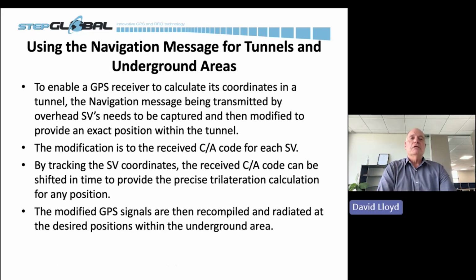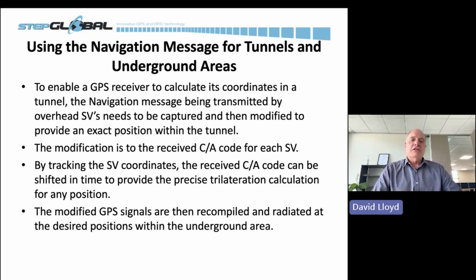So, using the navigation message for tunnels and underground areas, what we need to be able to do is allow the receiver to calculate its position in those areas by providing it with a modified CA code. And that CA code is modified for the position of any radiating point that we're going to use.